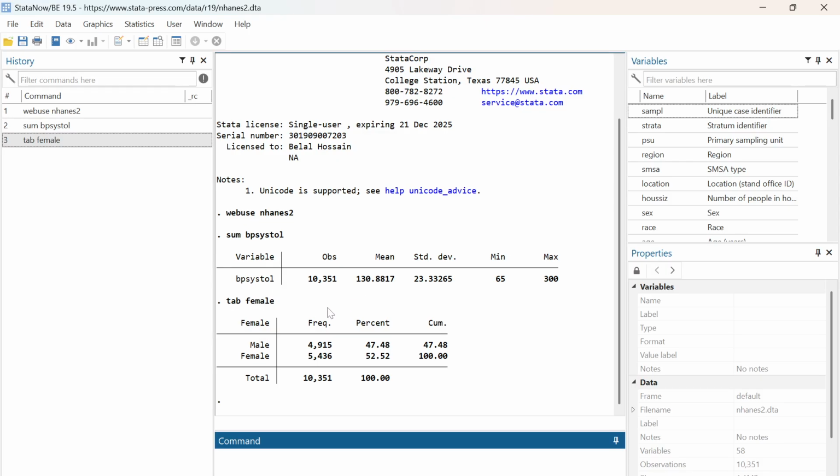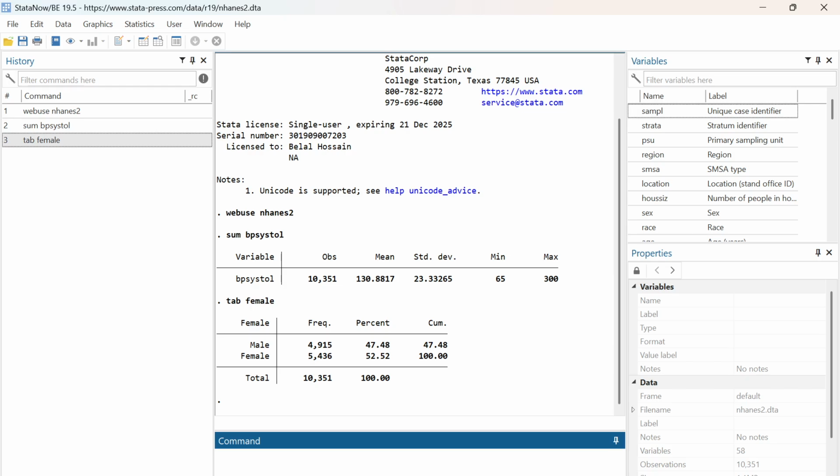Overall, it is 130, but we do not know what the average systolic blood pressure is for male and what it is for female, and whether the averages for these two different groups are statistically or significantly different, right? So that's what we are trying to understand. That is the purpose of a two sample t-test.